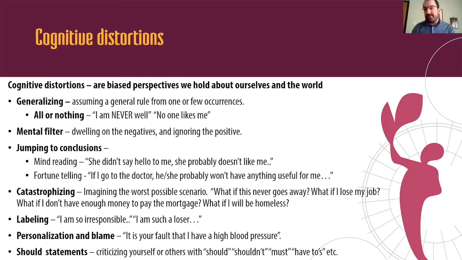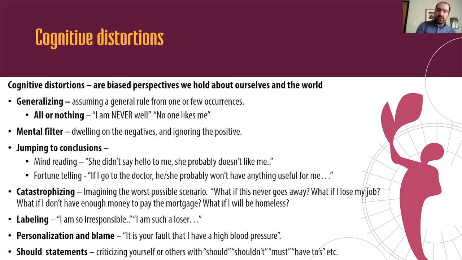Should statements are things that are really easy to identify, and we want to notice whenever we're using these: should, shouldn't, must, have to's, either on ourselves or on other people. We might want to look at it as a possible cognitive distortion.